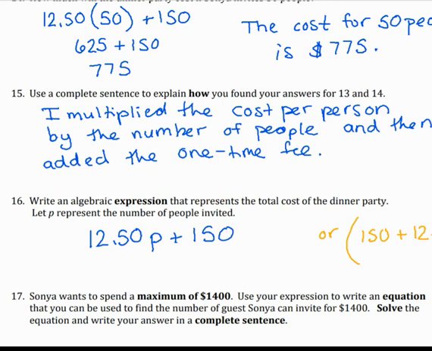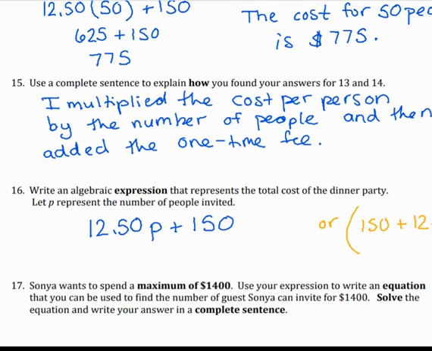Order of operations tells us still to multiply first, and then we would add. So if someone had typed in a different thing into the chat, it could still possibly be right. Either one is correct, but the way that you typed things in, I like that best because we multiply per person and then we add that one-time fee. But you wouldn't be wrong if you typed the orange in. Okay?